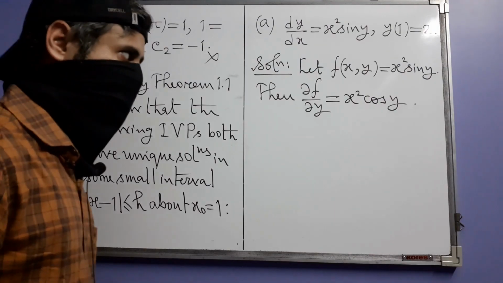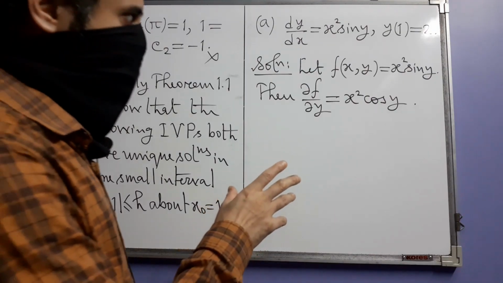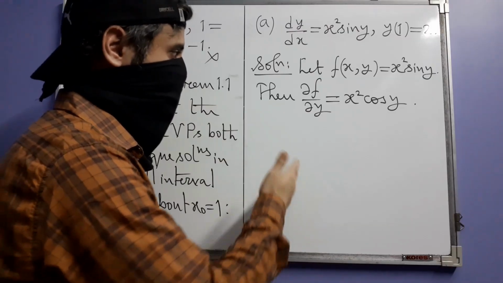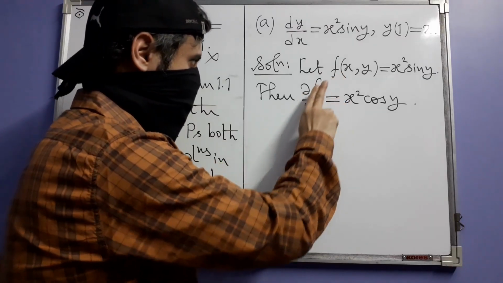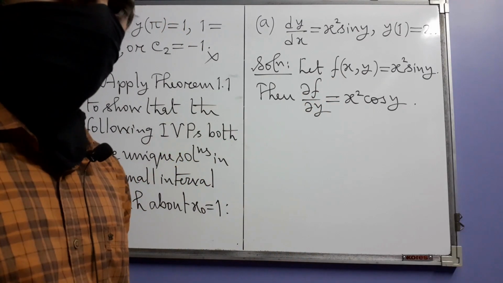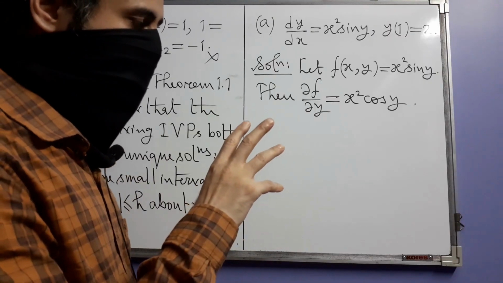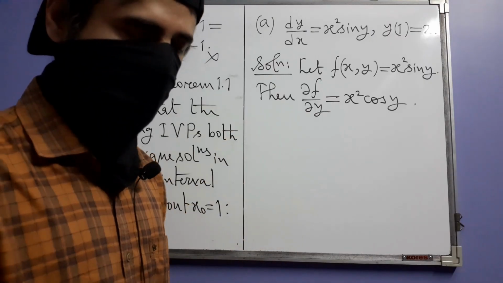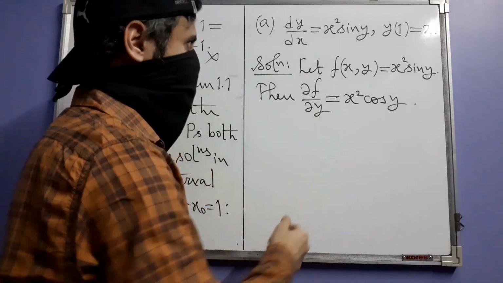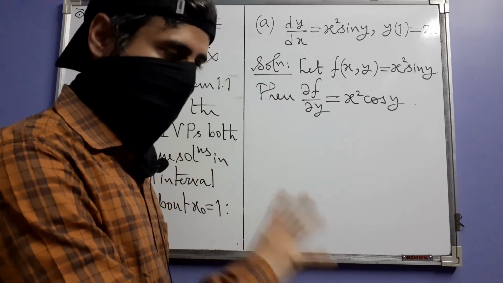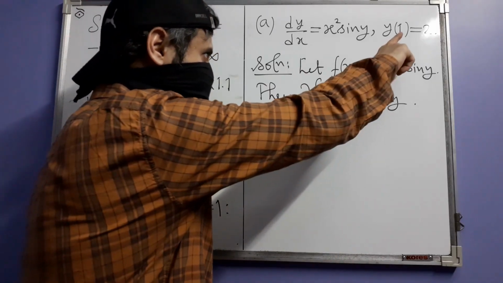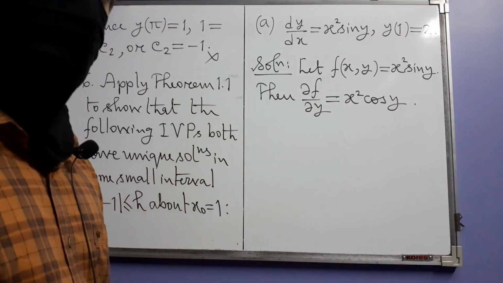Now you have to have the fact that both the function as well as its partial derivative are defined and continuous in some domain, on some domain entirely, which contains the point 1, 2.